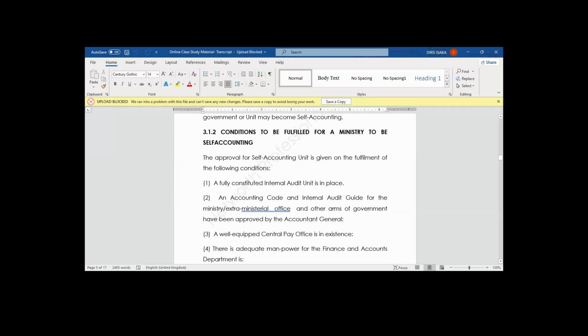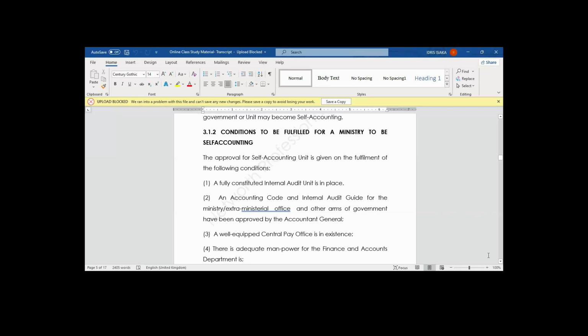So what are the conditions to be fulfilled for a ministry to be called a self-accounting unit? Number one condition, they must have an internal audit unit. Number two, they must have an accounting code or internal audit guideline.